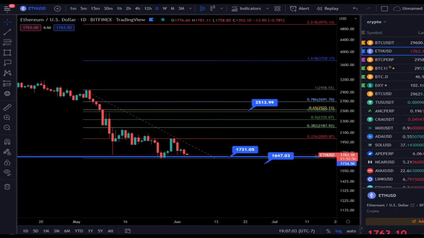Exactly. Remember, a limit order is going to let me pay the price I want to pay. A market order is just saying, hey, whatever the market is paying, I'll pay that. So the current price is 1763. That's the market price. That's whatever the market is paying. But I want to pay 1731.